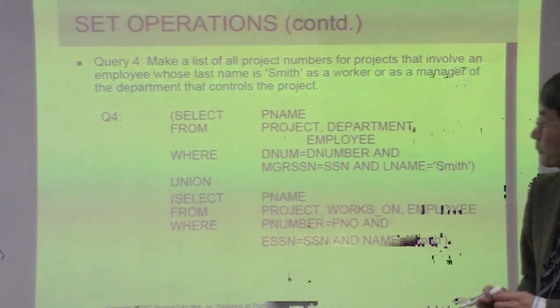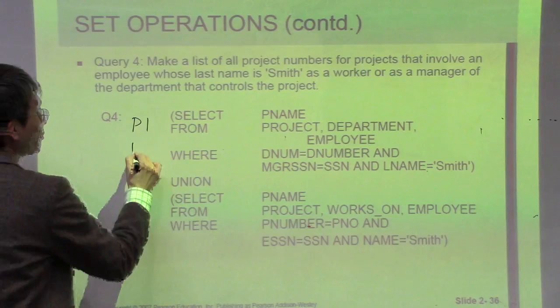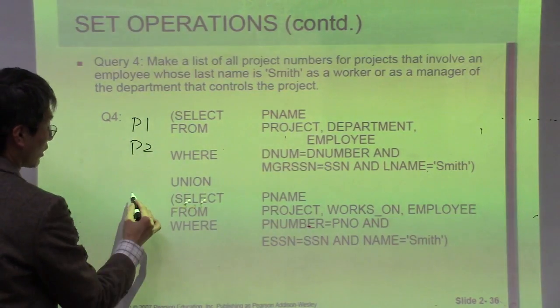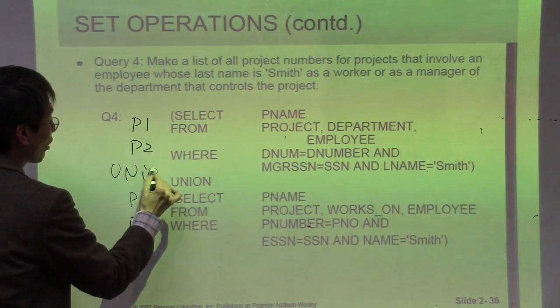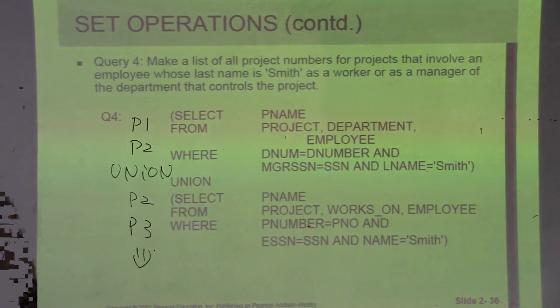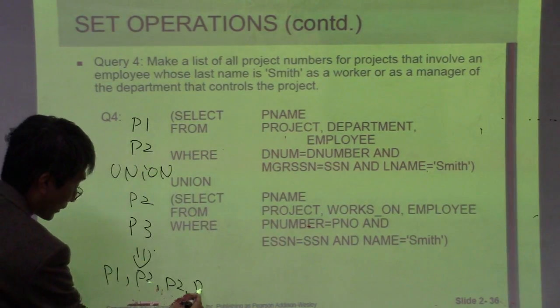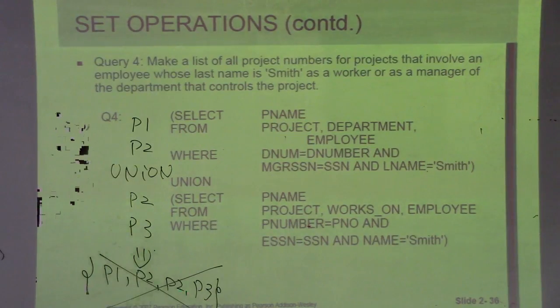Question. The output of P name is P1, P2. Another select's output is P2, P3. What is the result of union? P1, P2, P2, P3? No, that is wrong.